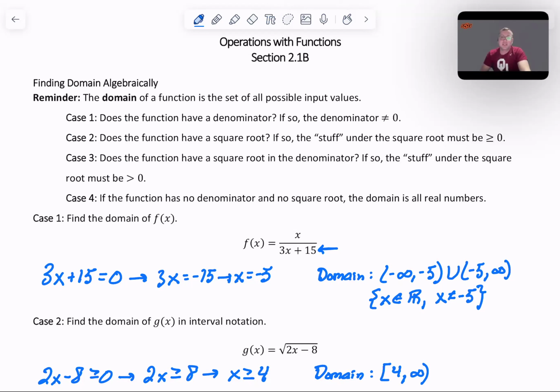Any guesses on which case it fits into? 1, 2, 3, or 4? Colin, you're right. It fits into case 1. Does the function have a denominator? If so, the denominator must not equal 0.